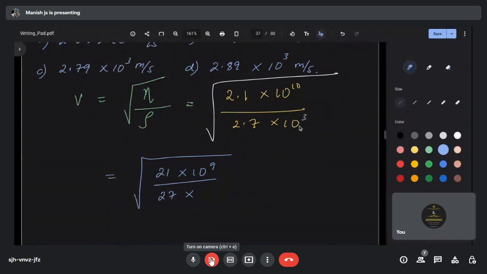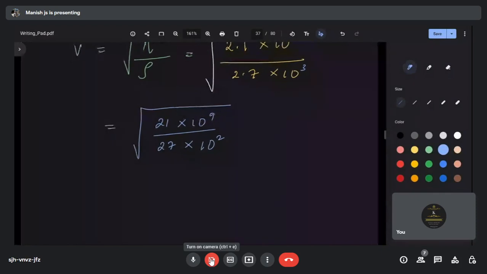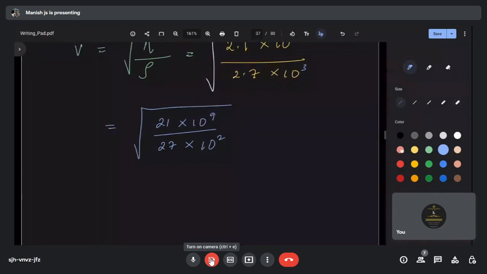So what do you get? 27 into 10 power 2, right? Isn't it? Yes, sir. Then how can we express 21 in terms of square numbers? 21 can be written as 7 into 3. That is a possibility.